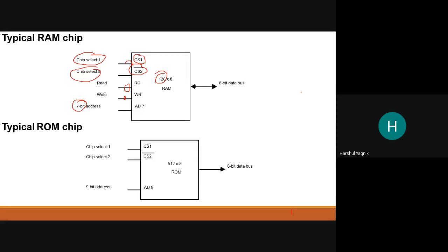But in digital electronics, you must have studied. What do we mean by active low or active high?